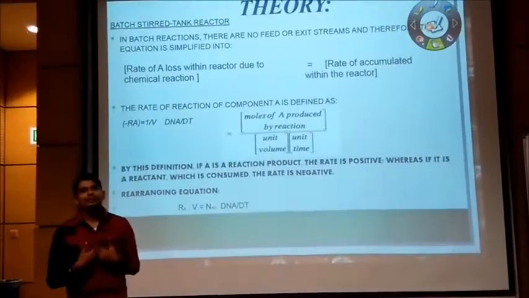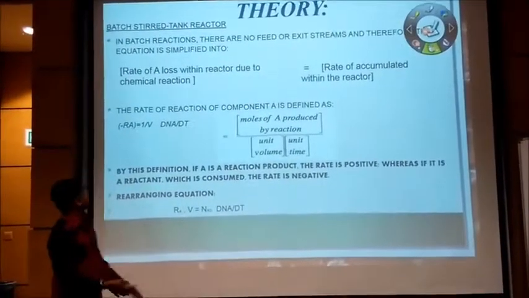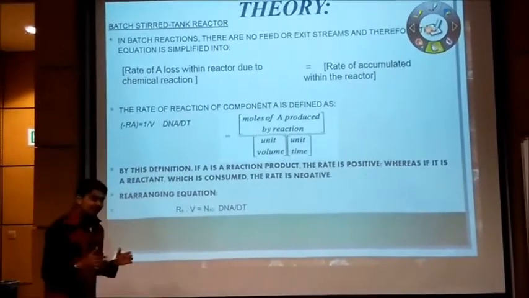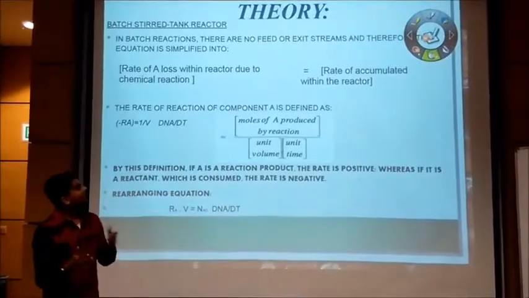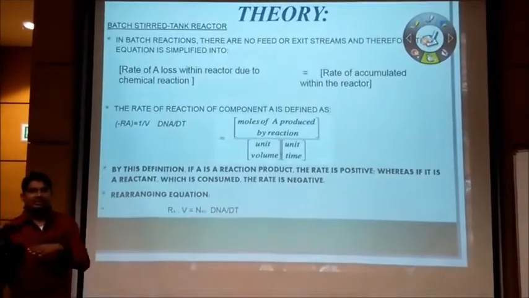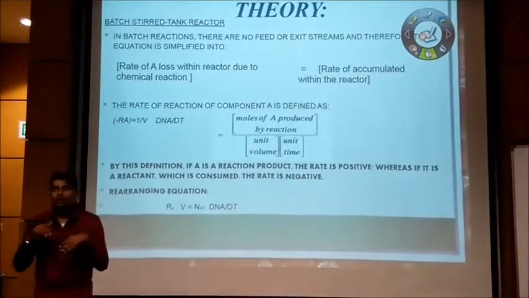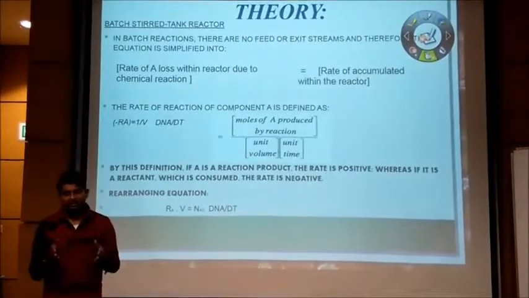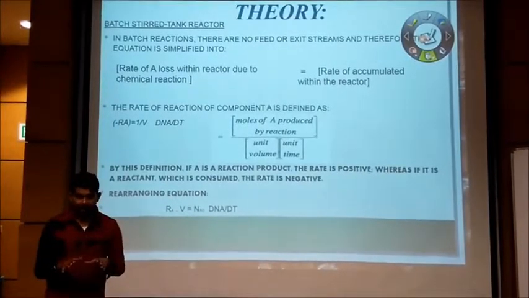So it's me again. Now I'll be talking about the summarized version of the theory. In batch reactions, there is no feed or exit stream. Therefore, we can summarize the equation as the rate of A loss within the reactor due to chemical reaction equals the rate of accumulation of A within the reactor.